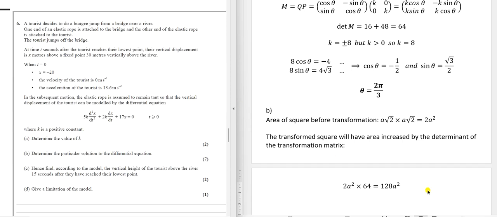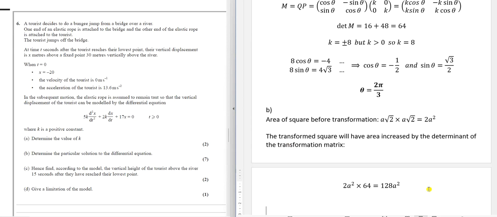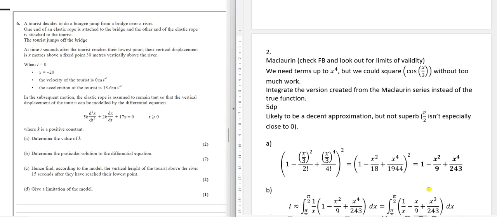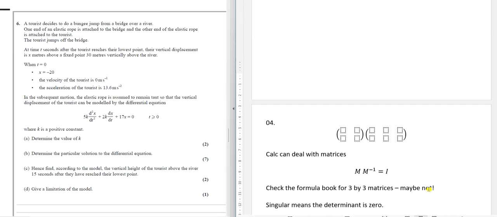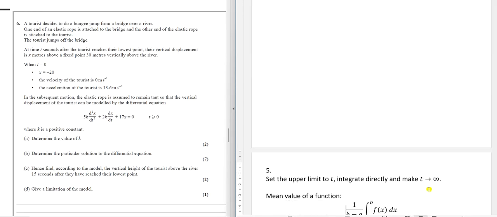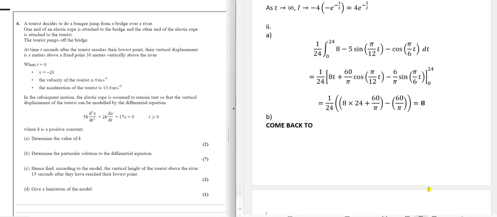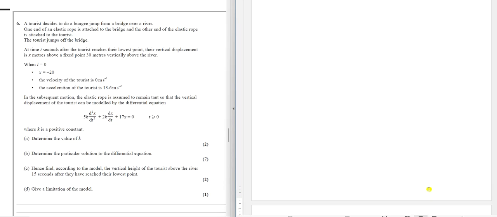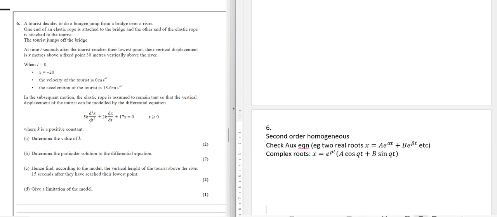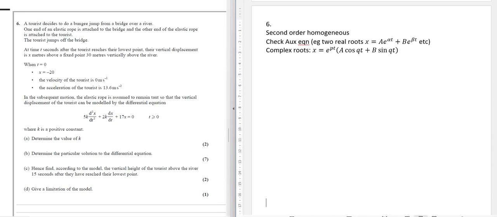What we've not yet looked at that will be worth spending some time on is question 6, because there's a lot in this question, but it should be, for the most part, routine stuff that you've worked with. Second order, homogeneous differential equations. So let's jump in and give it a try, see if we can pick up those marks nice and quickly.